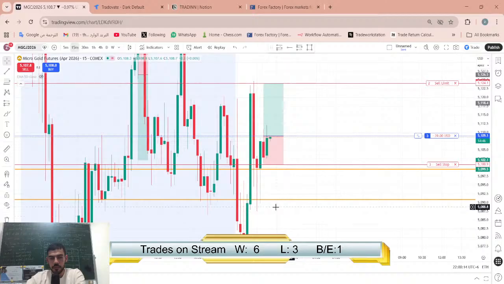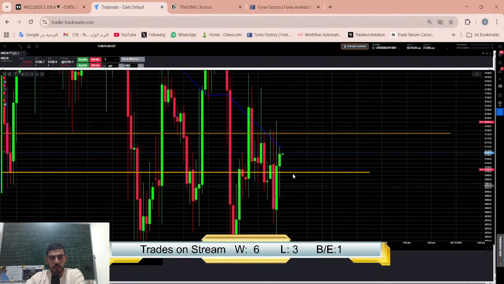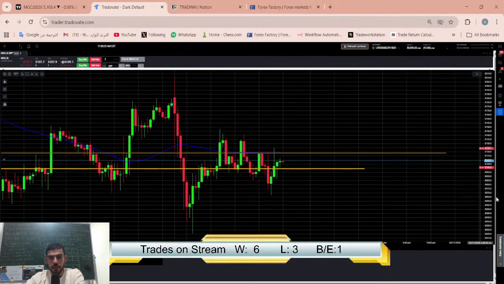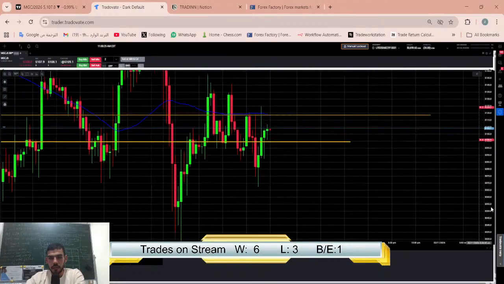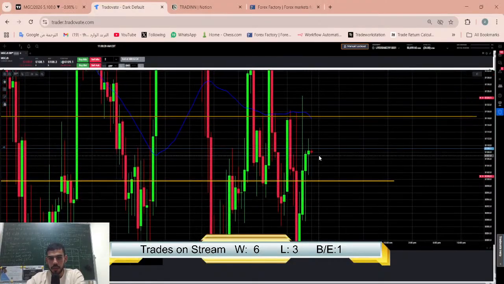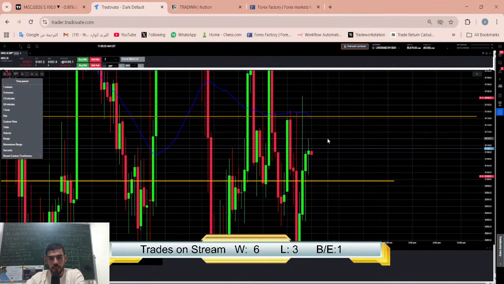Let's be on the 15 and the 30. Yeah, but this 30-minute candle closed very weak. Look at that weak closure. So if it moves up to here, I will move my stops to break even.